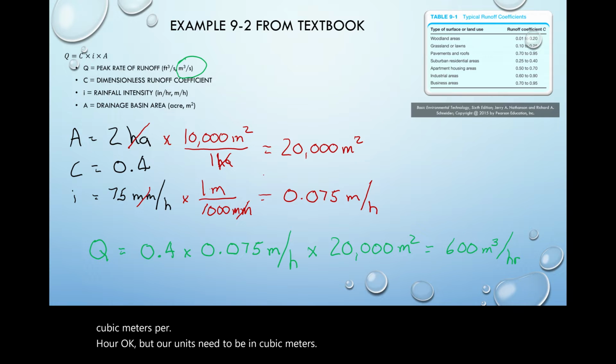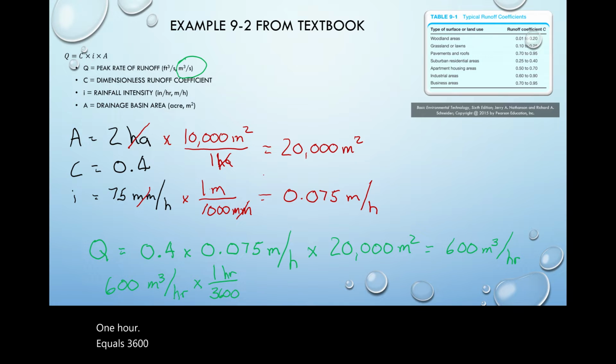per second. Okay, so that means 600 cubic meters per hour times 1 hour equals 3,600 seconds, right?